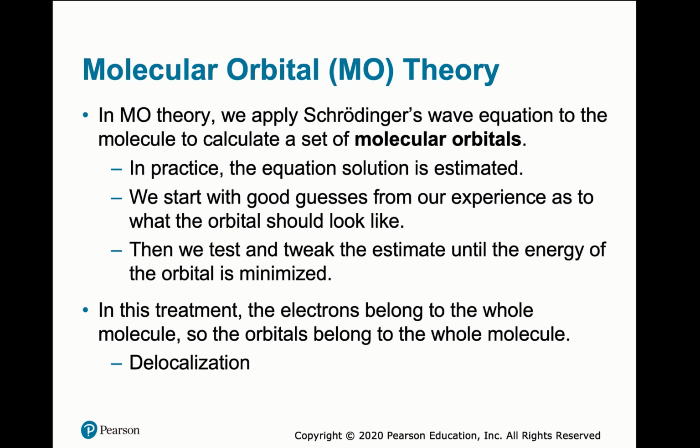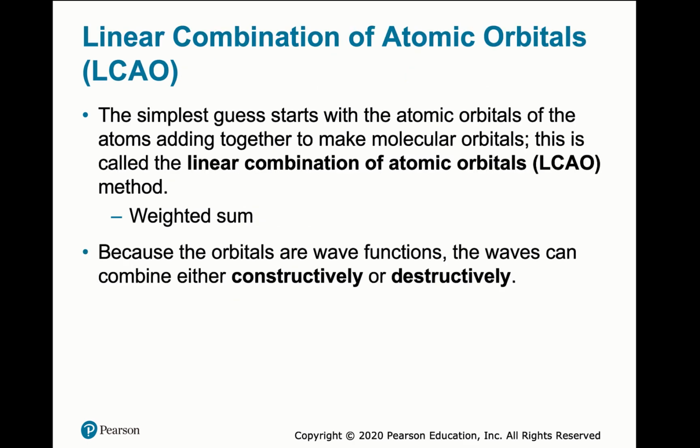You're not going to do this for this class, so that's for future classes. But it explains many things, for instance the spectroscopy of molecules, so why some things are very colorful and some things absorb in the ultraviolet.